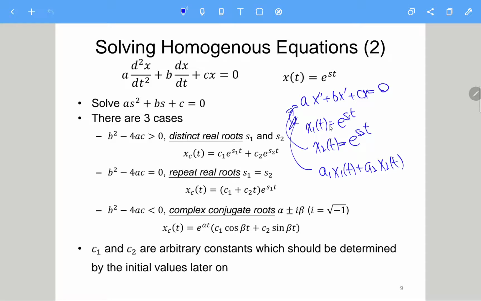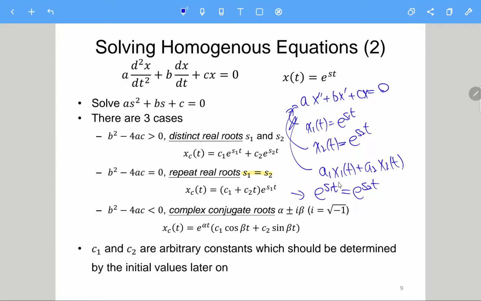Yeah. So the next case is a little bit more complicated, which is the repeated root. If we have a repeated root, we can't really get this one, because we only have one function for this case, exponential of s1t, which is exactly the same as exponential of s2t, because s1 and s2 are the same.